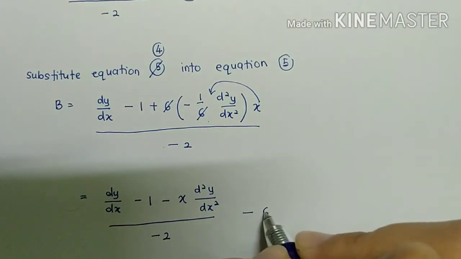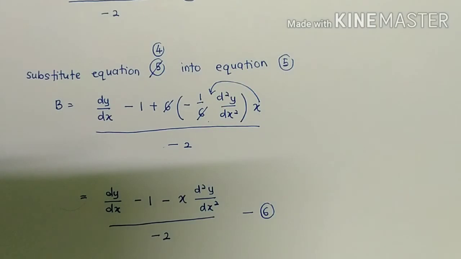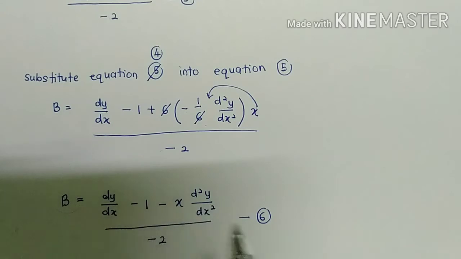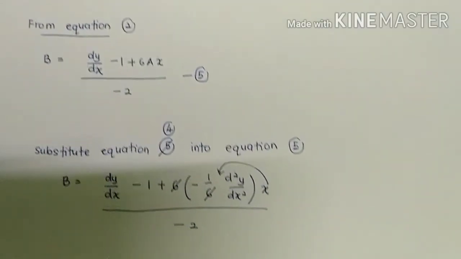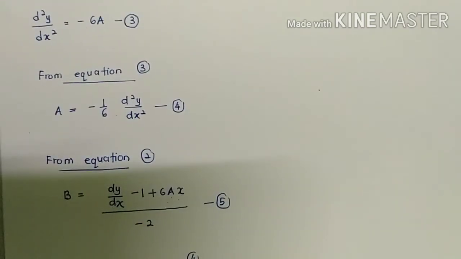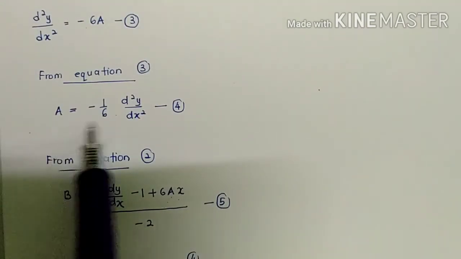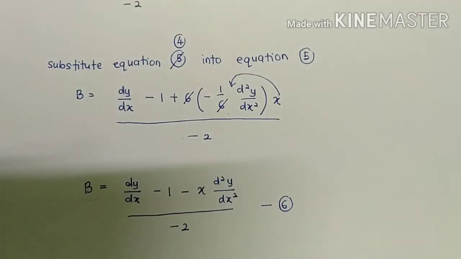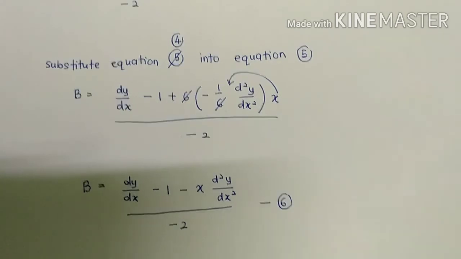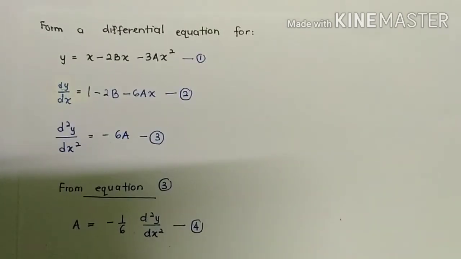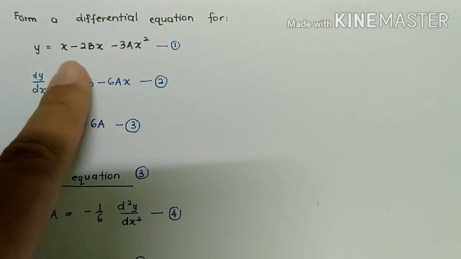So this is equation 6. This is our new b without an a in the equation. So we already have a from equation 4 and b from equation 6. So we can substitute both equations, equation 4 and equation 6, into equation 1, the first equation.